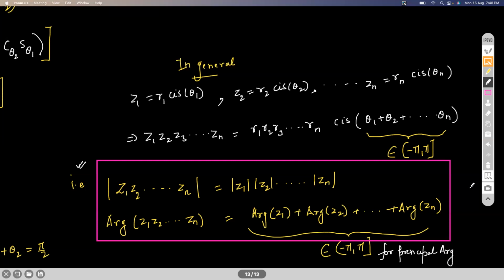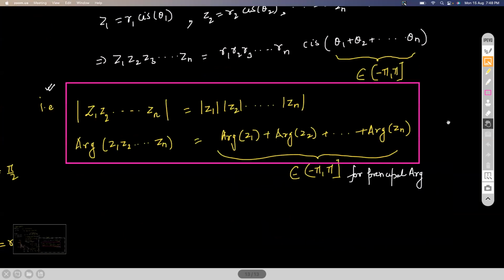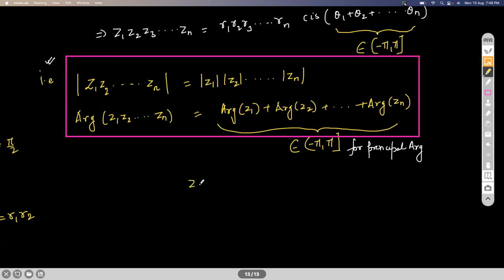I'll give you an example. Let's say my Z1 was 2 cis 2 pi by 3, and my Z2 was, let's say, 3 cis 5 pi by 6. Correct? So if I ask what is Z1 Z2, what will you do?